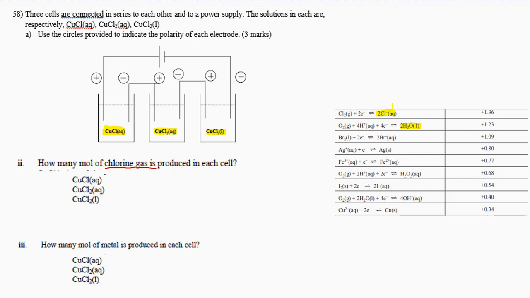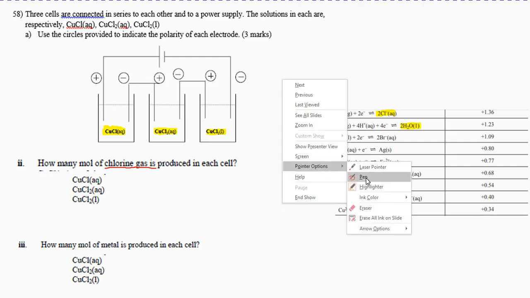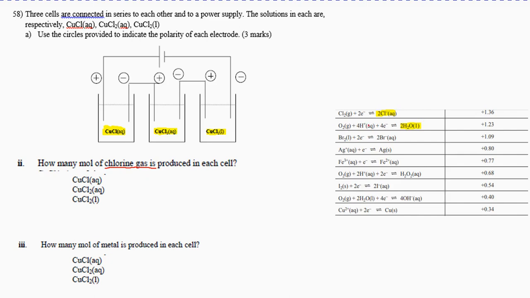Out of the chloride and the water, water is the strongest reducing agent. So this is what's going to be oxidized at the anode. We're not going to be producing any chlorine gas in that first one, okay, because the water is the strongest reducing agent. So we're not going to get any chlorine gas. So it's not going to produce anything at all.